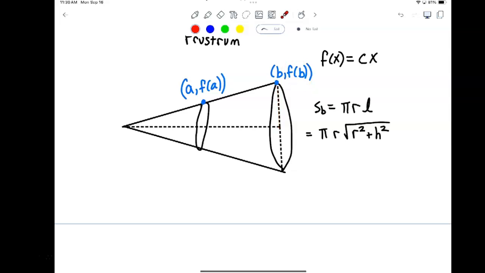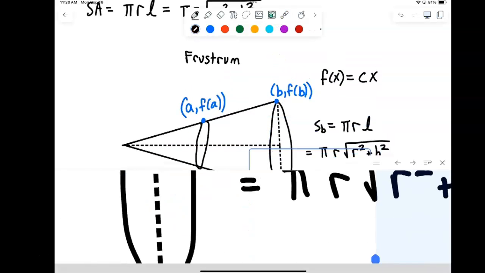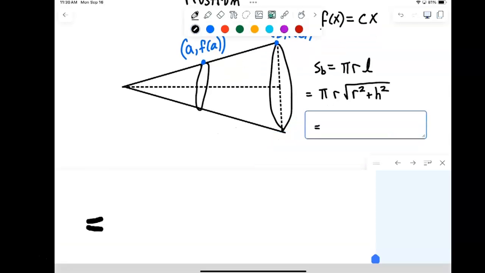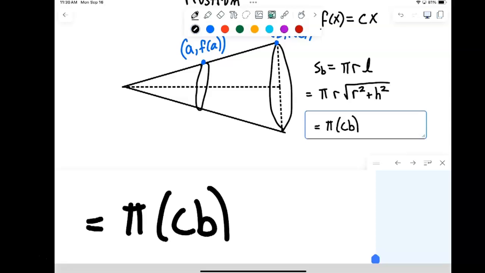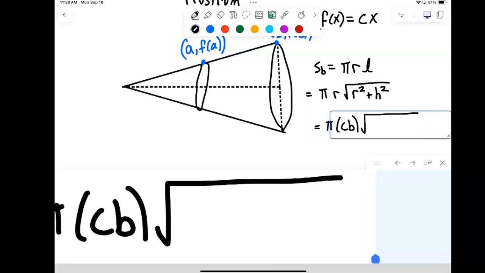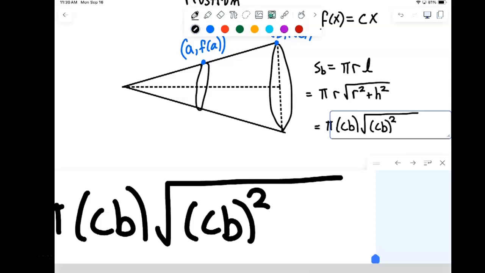So plugging in b for x, I would just have CB, so that's what r is, and I put that in for r squared. And then the height of my cone is just b. So putting all that together, I have pi times CB times the square root of CB squared plus B squared.